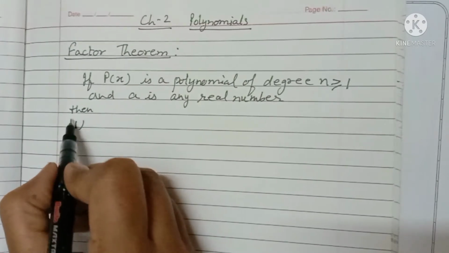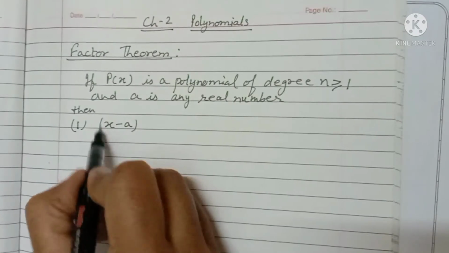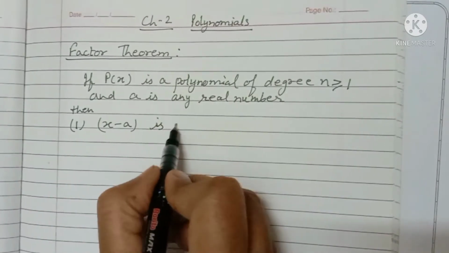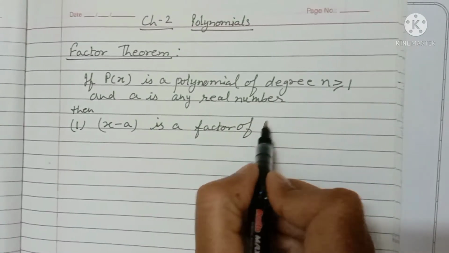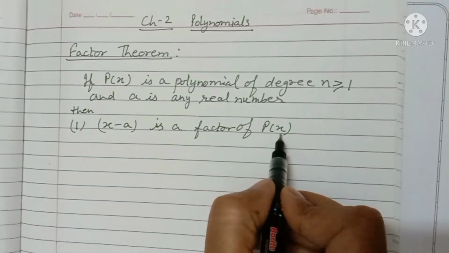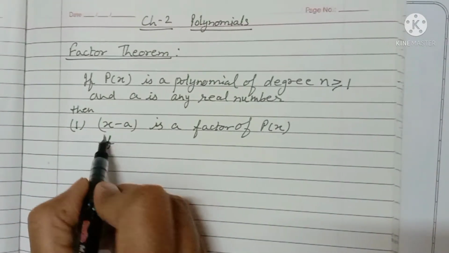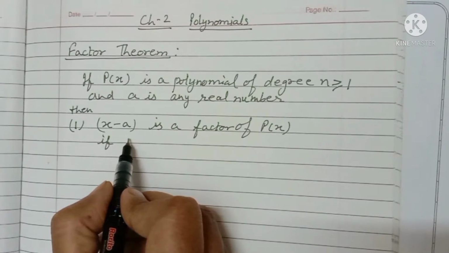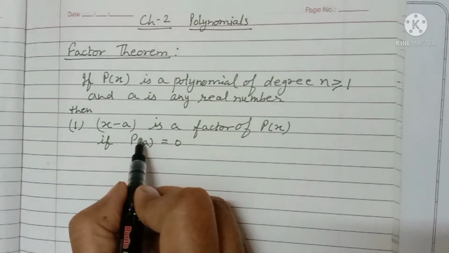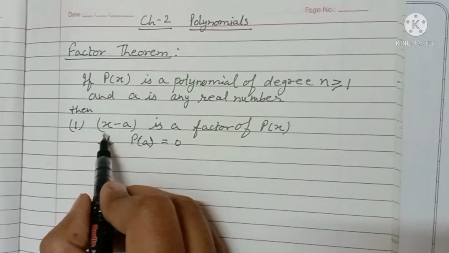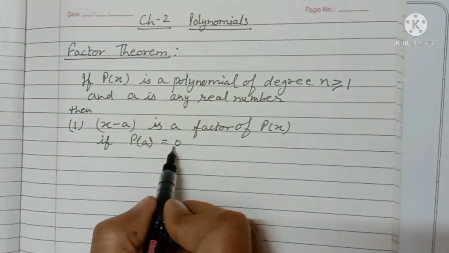First, x minus a is a factor of polynomial p(x) if p(a) is equal to 0. This is the first condition.